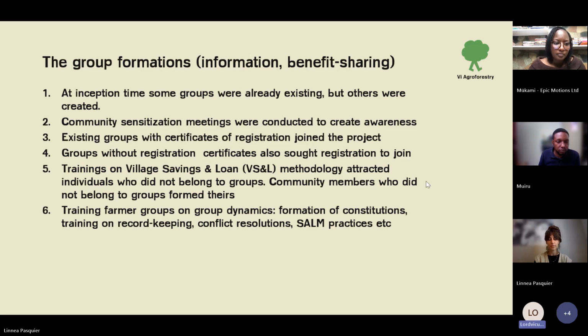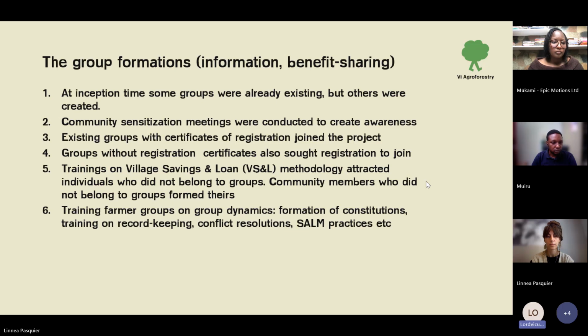So under group formation, what I would like to say is that when the Kenya Agricultural Carbon Project started, or even Mount Elgon Livelihood, there were already some groups that were existing in the community. But there are also some groups that we formed, because you find in some areas we didn't have groups, but we wanted to work with farmers from those areas.